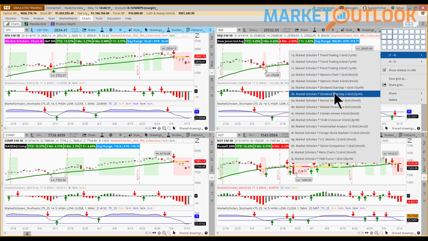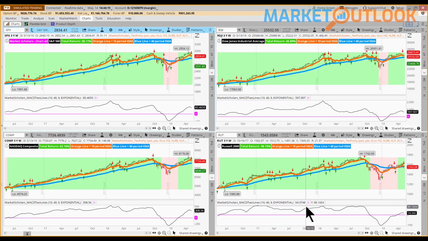All right, as we look forward to our longer term chart now, this will be chart 4D. And remember, this is our 1040 crossover method chart. These are the same 4 equity indices we're looking at here, but each one of these charts goes back 3 years in length, and each one of the candles represents 1 week rather than 1 day. Well, one of the things I brought to your attention last week was the fact that on the Dow, we started to get this red arrow showing up above the chart.